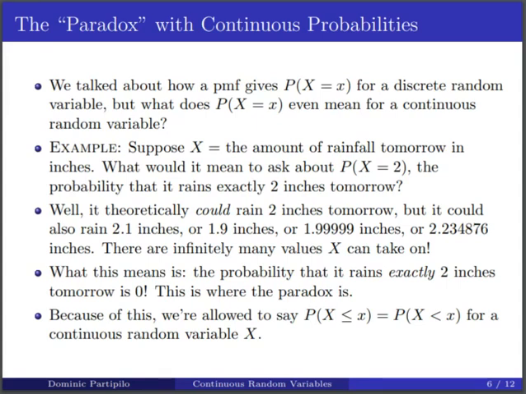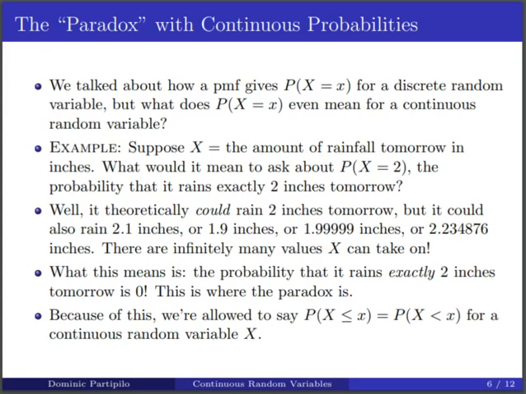So since there are infinitely many values x can take on, technically the probability that it rains exactly 2 inches tomorrow is 0. And this is where the paradox is, because it could technically rain exactly 2 inches tomorrow, but since there are infinitely many amounts of rainfall possible, the probability that it rains exactly 2 inches is going to be 0.